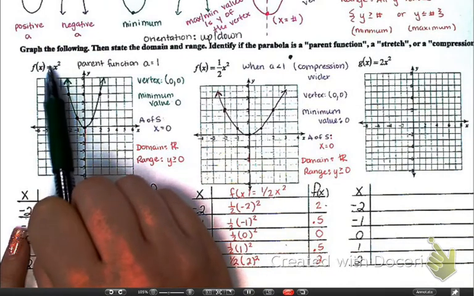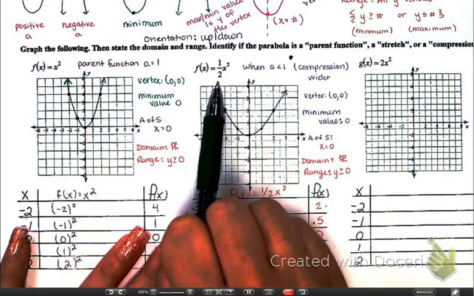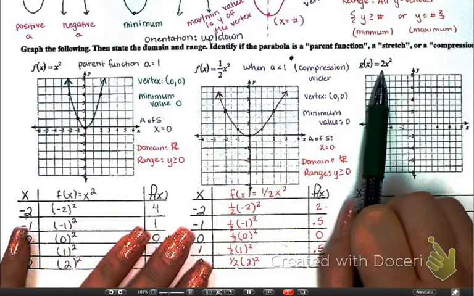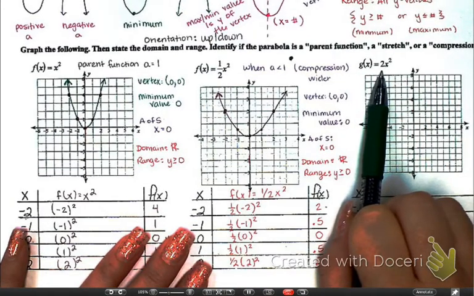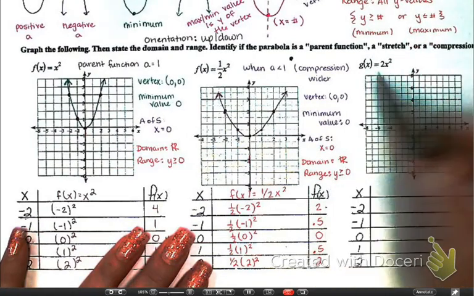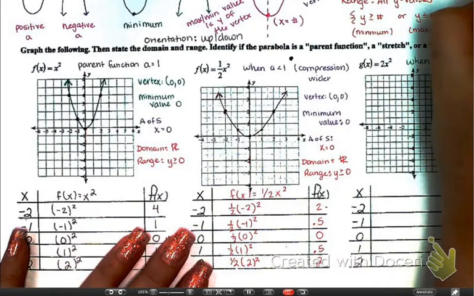What did a equal in this first one? 1. That's positive, right? What did a equal here? 1/2. That's still positive, which is why it faces up. What does a equal here? 2. So is it going to face up or down? Up. Okay? But we'll notice that 2 is going to change things.